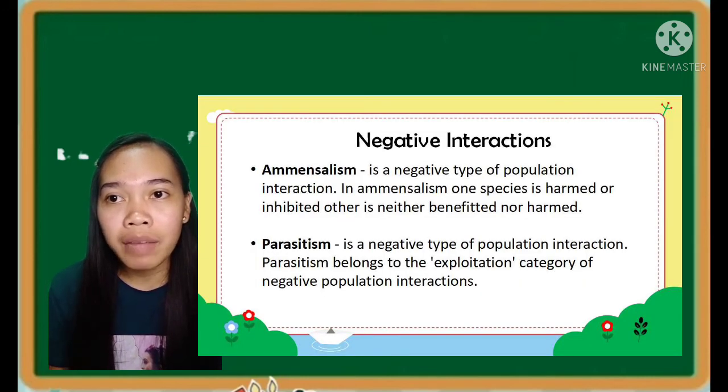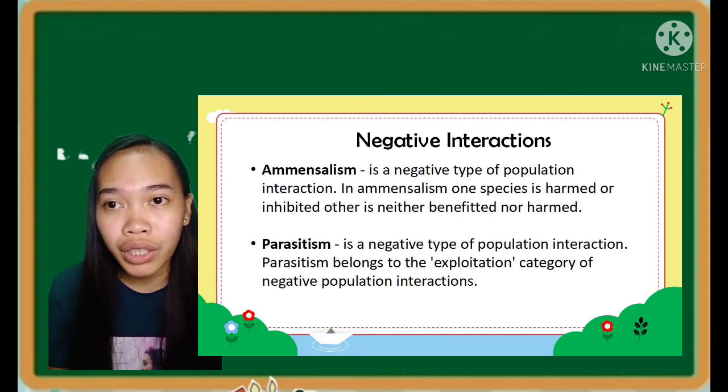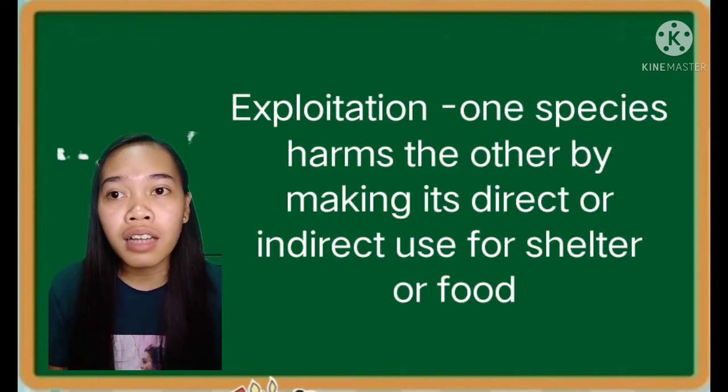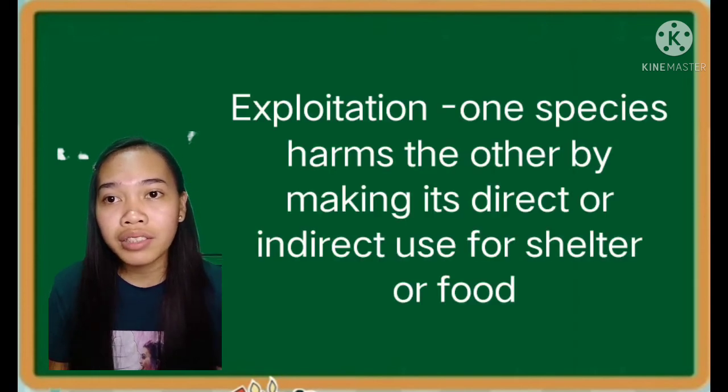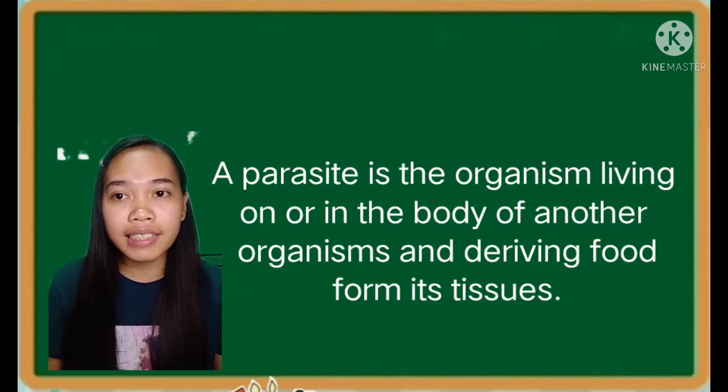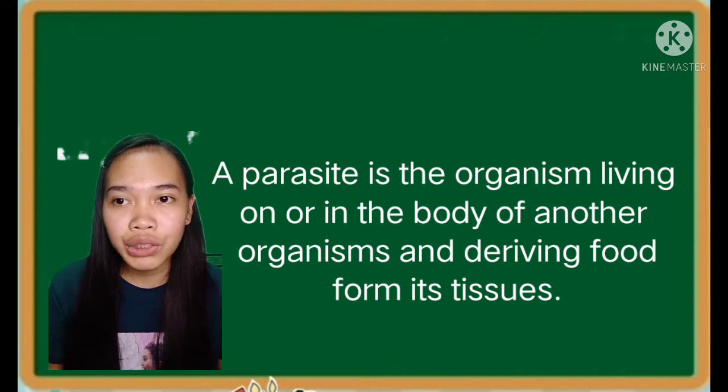Parasitism is a negative type of population interaction. Parasitism belongs to the exploitation category of negative population interactions. In exploitation, one species harms the other by making direct or indirect use of it for shelter or food. A parasite is an organism living on or in the body of another organism and deriving food from its tissues.